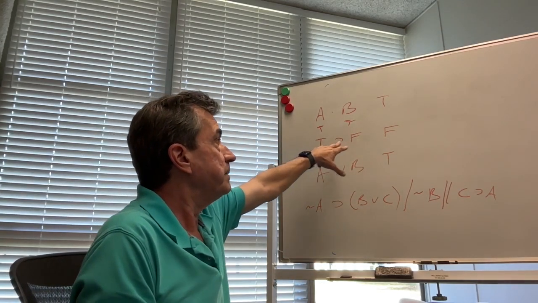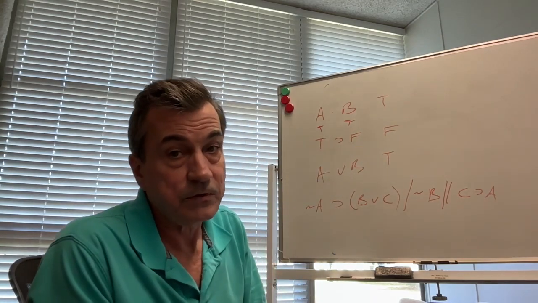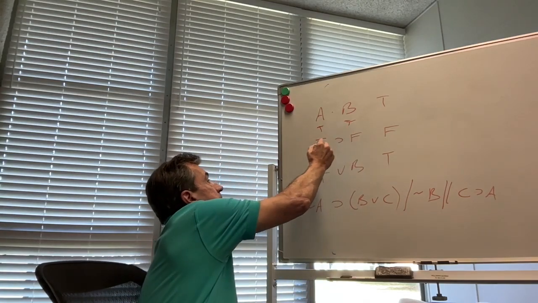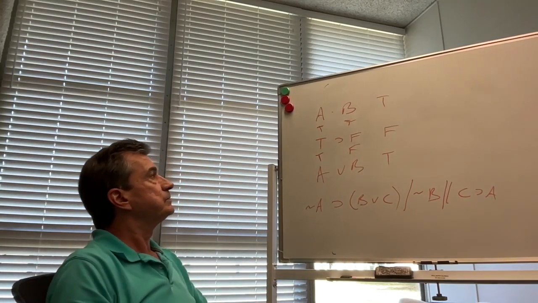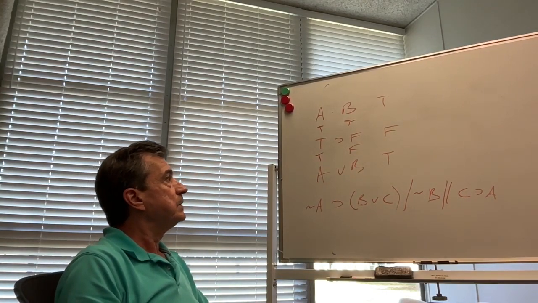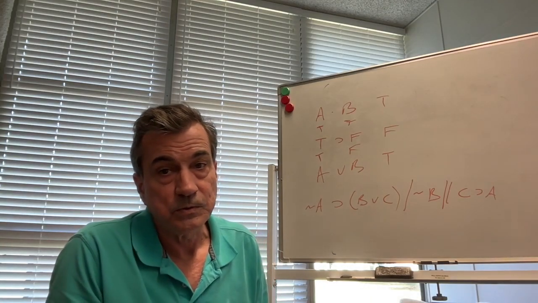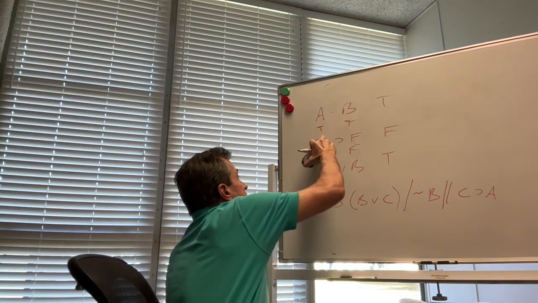When you have an implication like this, and you want it to be false if you're going to show it's invalid, then you know that this has to be true and that has to be false. Right? That's the only circumstance that makes it false. Any other, it's true.